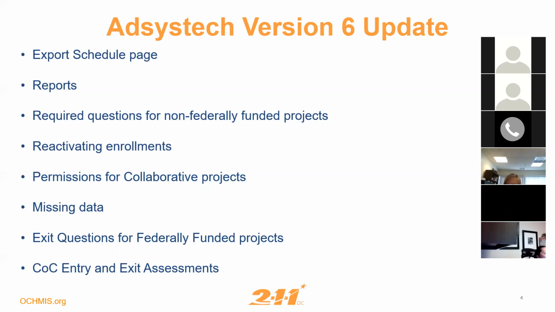That will list all the clients out for you, and it's kind of a mix of the universal data elements and the program-specific data elements, but it doesn't include all of the data elements from both. So it depends on whether there are specific data elements you're looking for. But try that HMIS data quality details report first, and then you can enter a ticket if it doesn't have what you need, and then we can either find another management report or try to do an ad hoc.